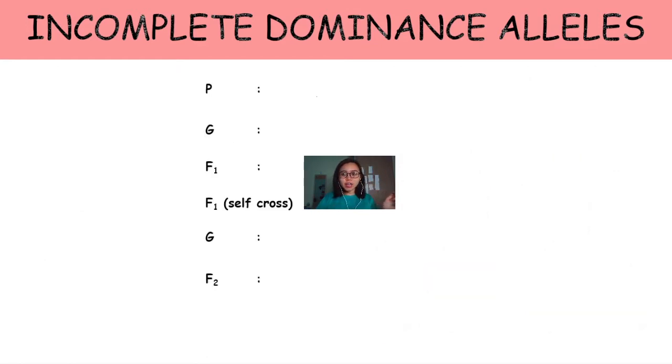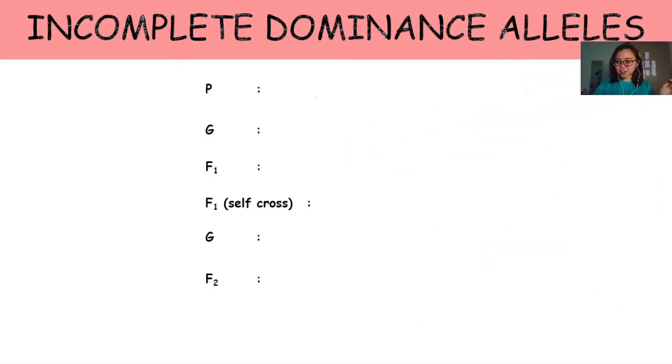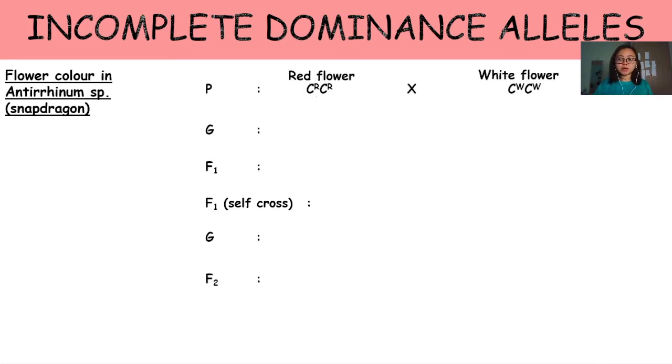Let us look at the genetic diagram for this example. Mari kita cuba buat genetic diagram untuk incomplete dominance. We're going to start with the flower color. Title dia lah, okay? Flower color in Antirrhinum species. We cross a red flower with a white flower. Kita start dengan dua yang homozygous, CR, CR, cross with CW, CW.